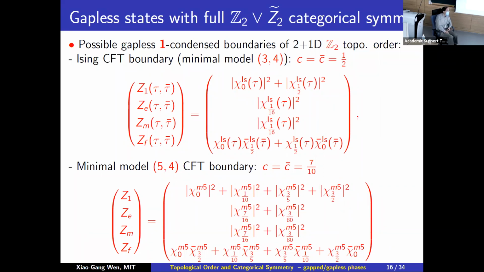So that's the point that the categorical symmetry does not determine the boundary uniquely. But you may say it determines the stable boundary in some sense more or less uniquely. Yeah, this is the subtlety in applying categorical symmetry.